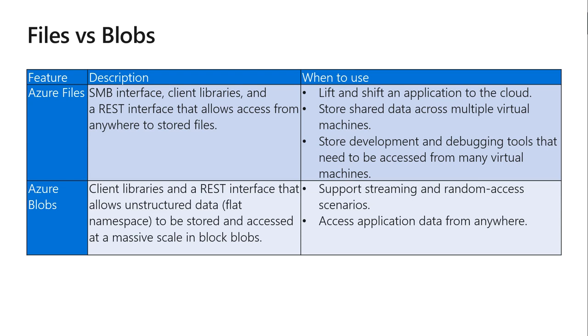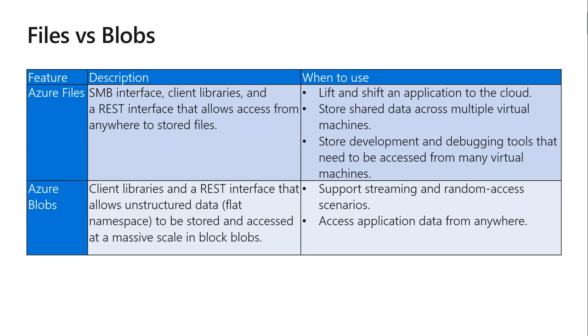Sometimes it's difficult to decide when to use a file share instead of blobs or disk shares, so just review the table and the different features. I won't read out the tables, so you can save this for your benefit and access it anytime you want. There are also other differences between these two when you're selecting Azure Files.